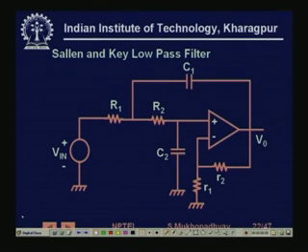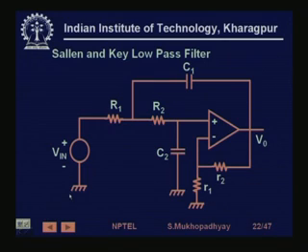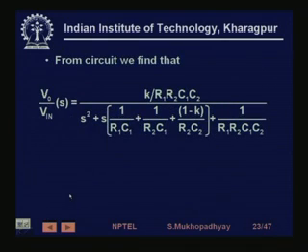In fact, you can have Sallen Key low pass and high pass filters. If you interchange the resistances and the capacitances, then the filter transfer function goes from low pass to high pass. So in the Sallen Key filter, the transfer function is given like this, where this k is actually the gain of the last op amp block, which is 1 plus R2 by R1, because it's a non-inverting block, if you have noticed.